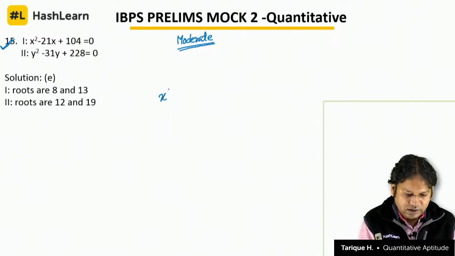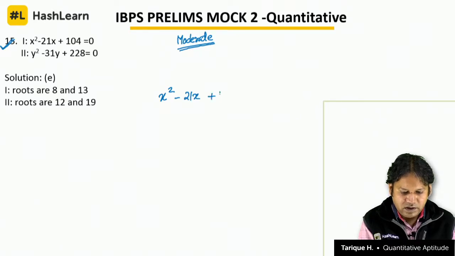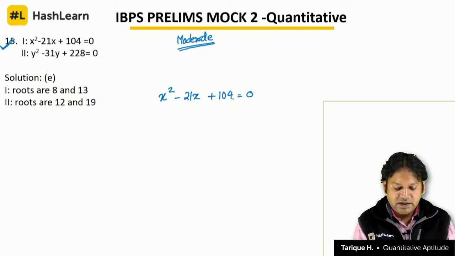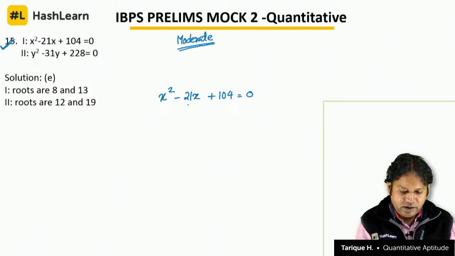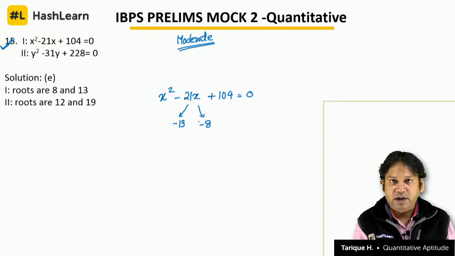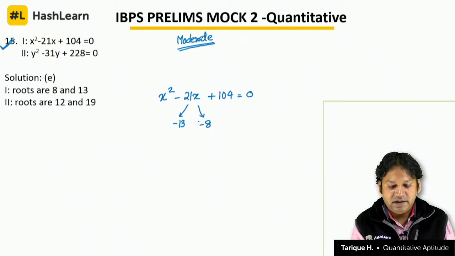So if you take x square minus 21x plus 104 equal to 0, and if you know basic multiplication tables, you will know that this 21x I can write as minus 13x minus 8x, because 13 plus 8 is 21, minus 13 minus 8 is minus 21.